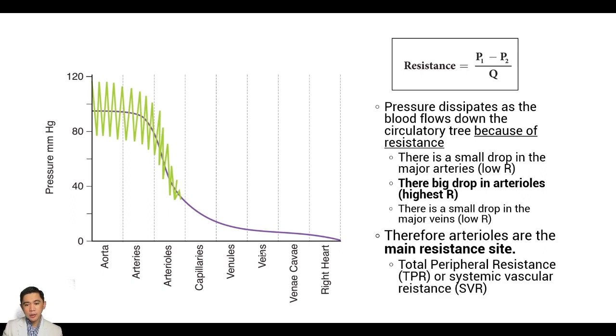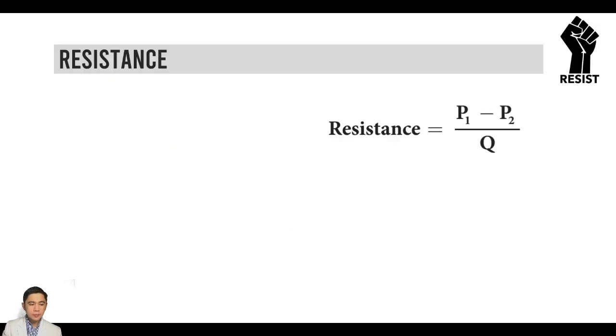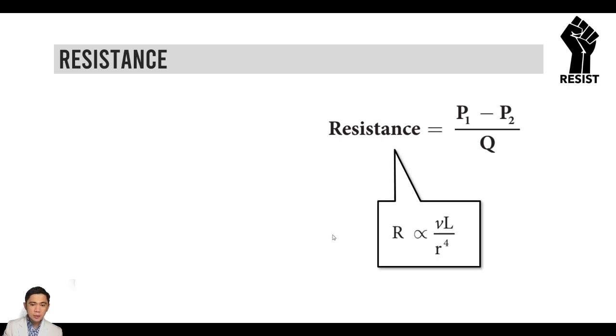This is usually called the total peripheral resistance or the systemic vascular resistance. And sometimes they call it the afterload. Now let's talk more about resistance and what comprises it. So this is the basic equation for resistance, and resistance is determined by the following parameters.